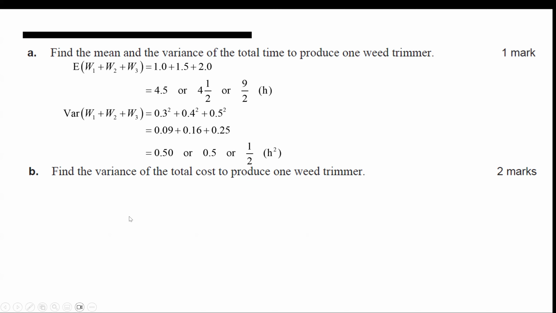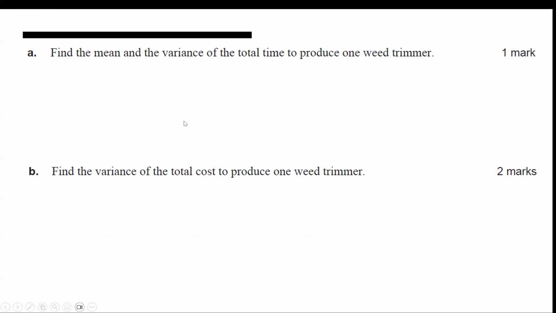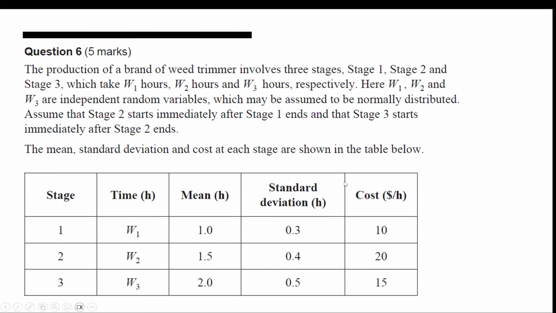It involves more work when you want to find the total cost. Because when you look at the previous table, the cost is dollars per hour. So what's the cost? Total cost. So it's like $10 times W1, $20 times W2, and $15 times W3.